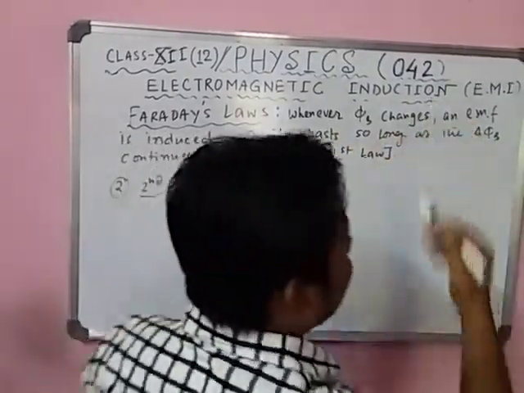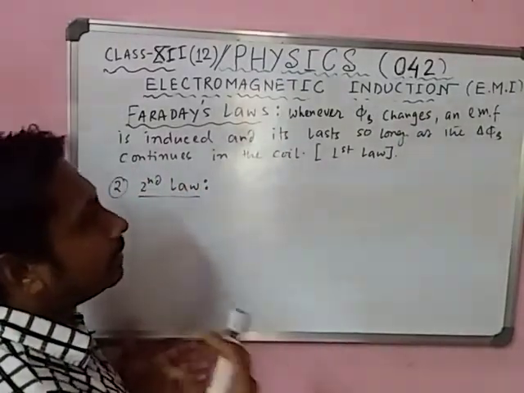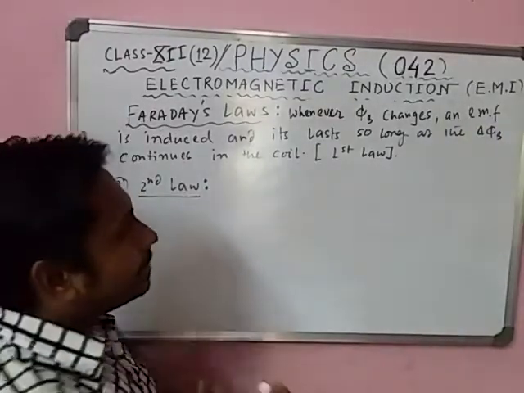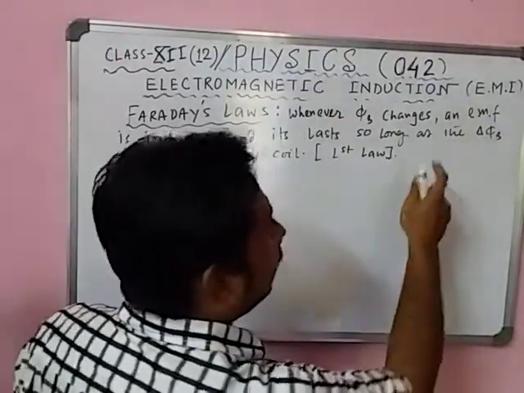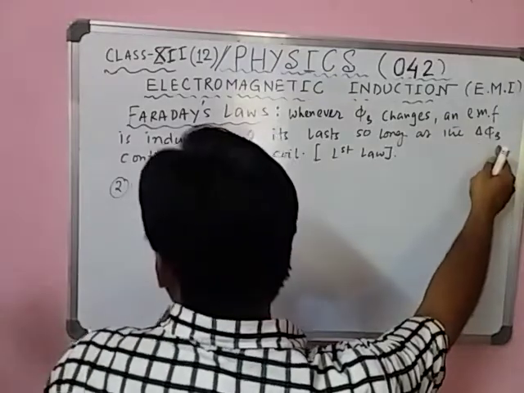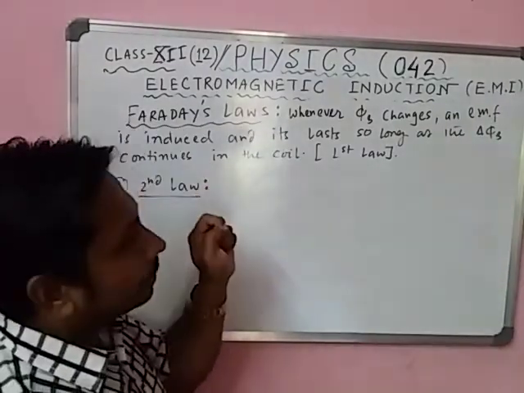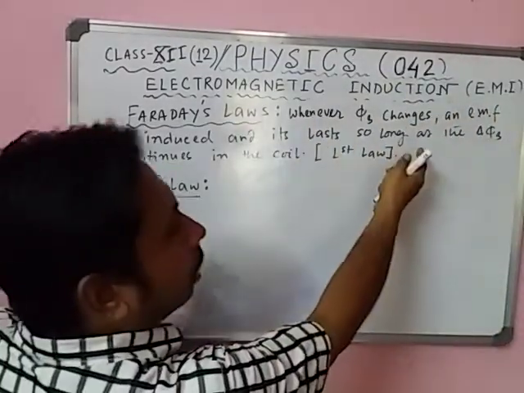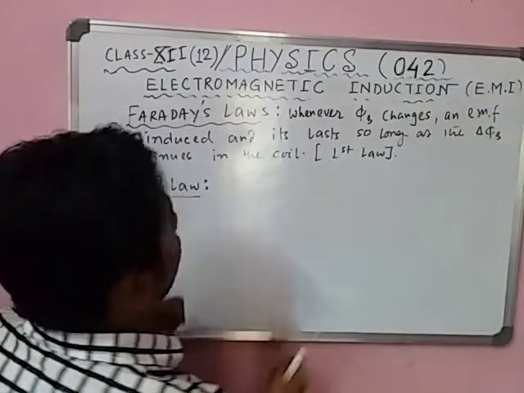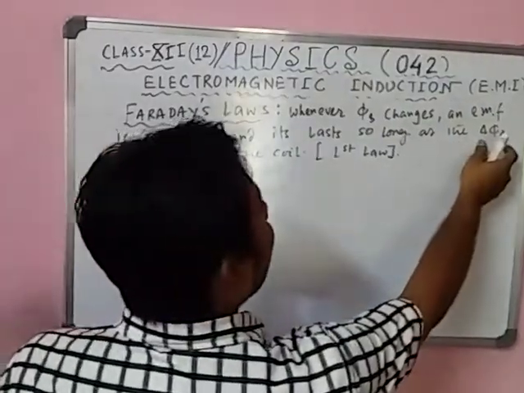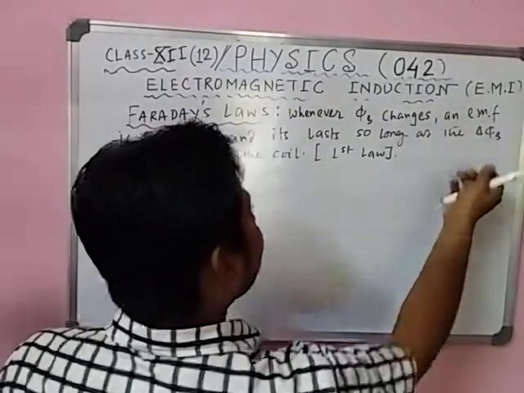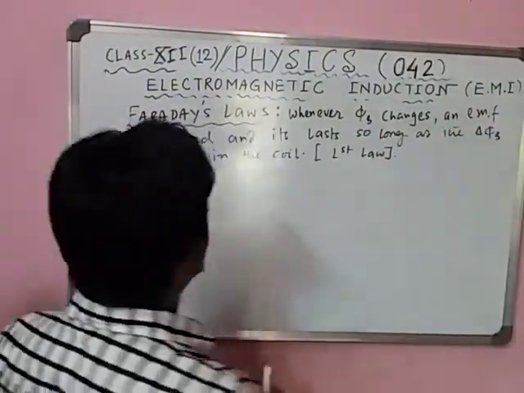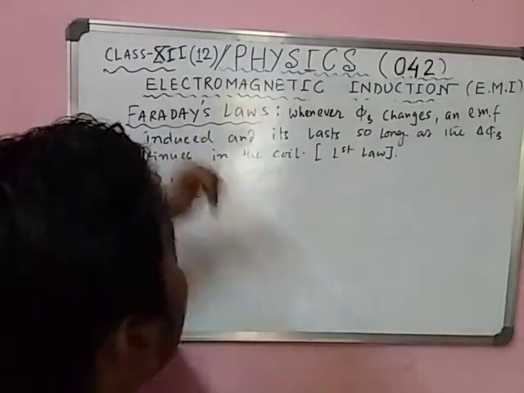Whenever phi B changes, meaning whenever the flux linked with the coil changes, an EMF is induced, and it lasts so long as the change in magnetic flux continues in the coil. The continuation of delta phi causes the production of induced EMF. Understood? So this is the first law of Faraday.